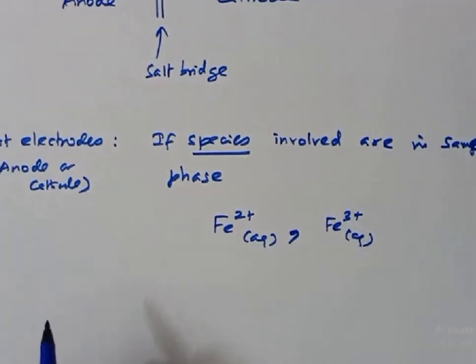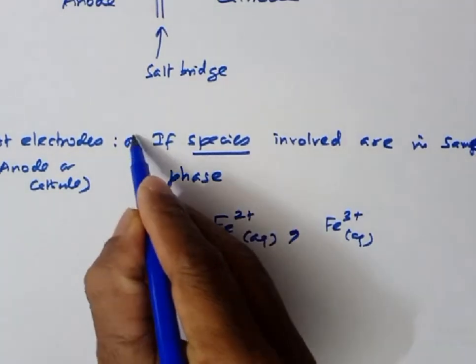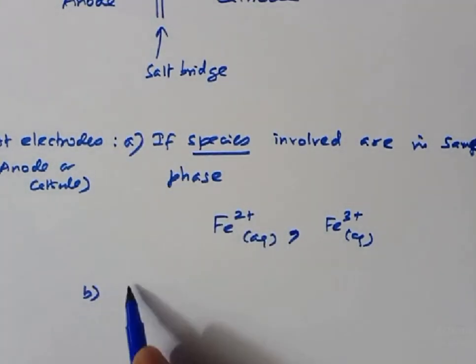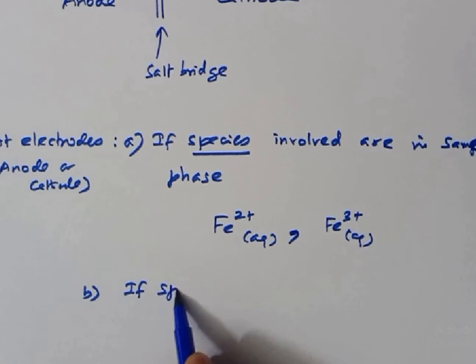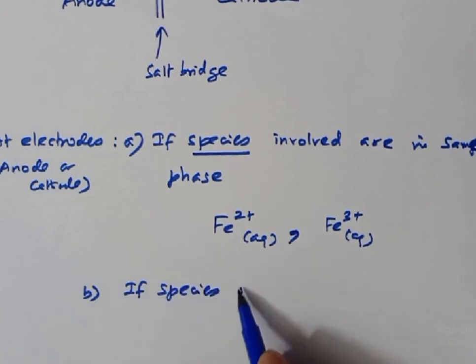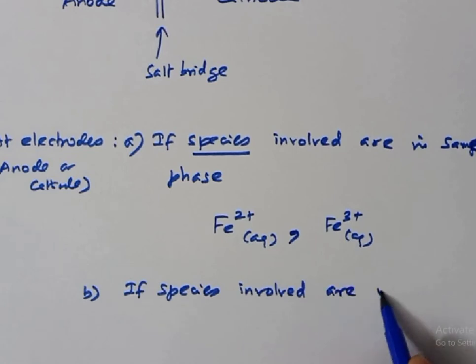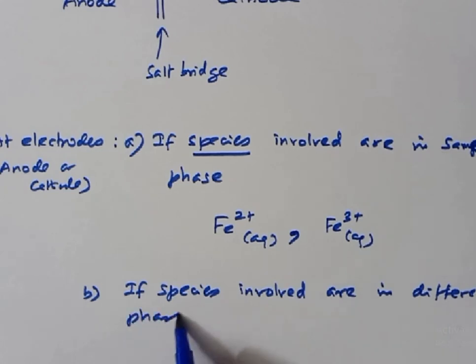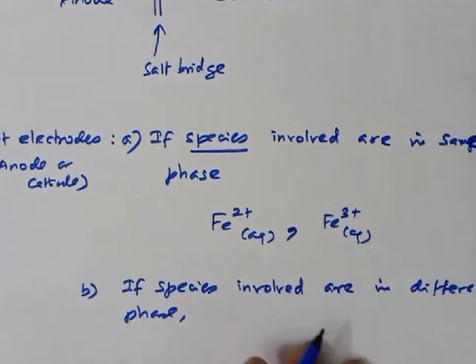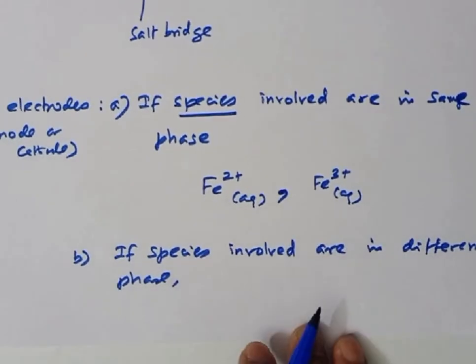Second point: if the species involved are in different phases, then we must put a single vertical line between the species.